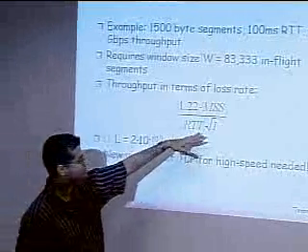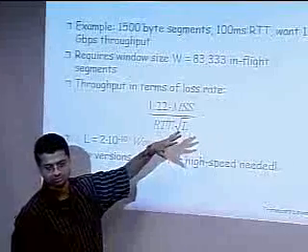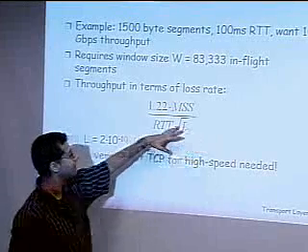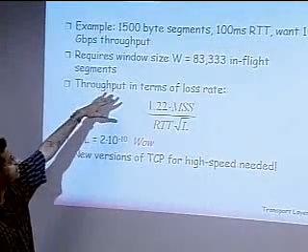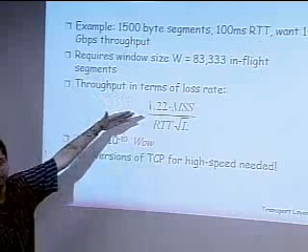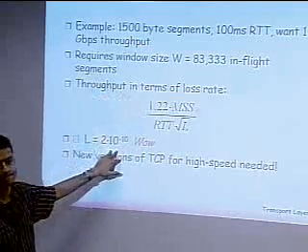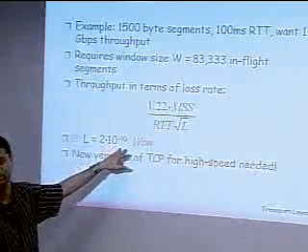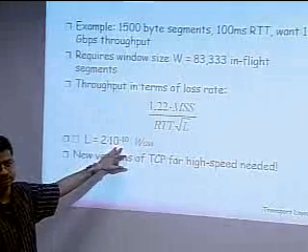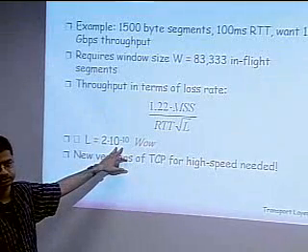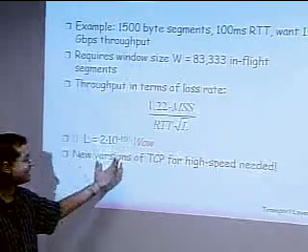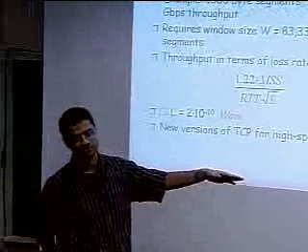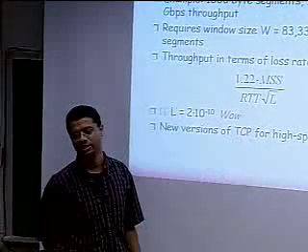So suppose it was not 1 over square root p but 1 over p. Then to sustain a throughput of this kind, the loss needed would be 2 to the power minus 5, 10 to the power minus 5. That kind of a loss you might be able to sustain in a real network, but it will still have the problem of this slow recovery.